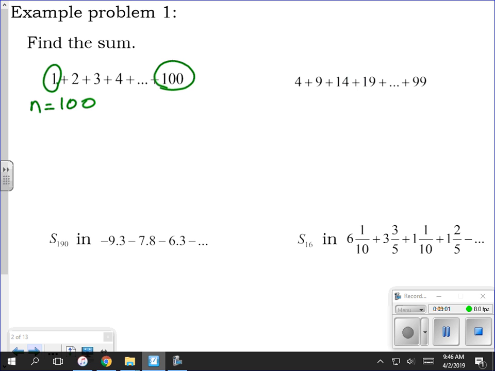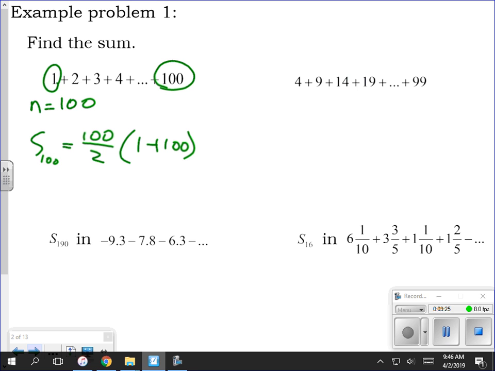So the sum of the first 100 numbers is equal to 100 divided by 2 times the first number plus the last number. This is exactly what he did. Because the first number plus the last number is 101.